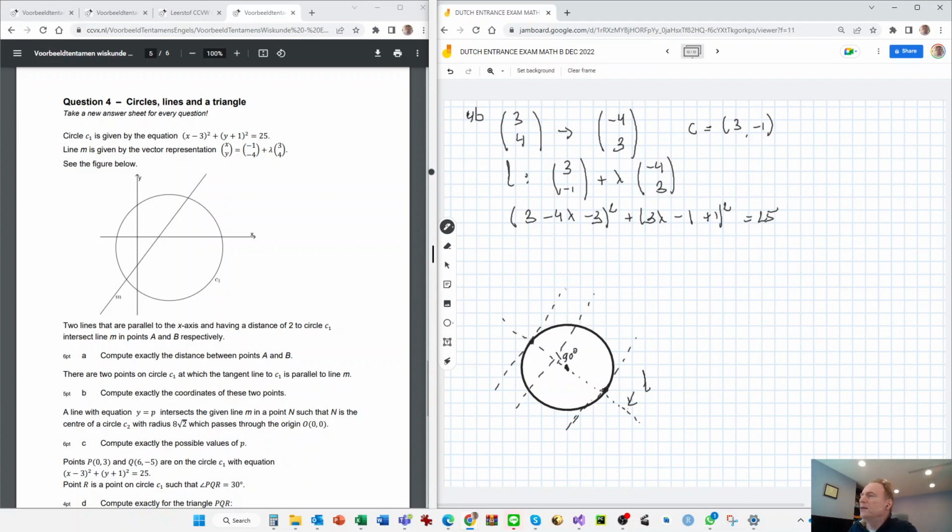So you get 16 lambda squared plus 9 lambda squared equals 25. Well, actually lambda squared has to be equal to 1. So lambda is plus or minus 1.